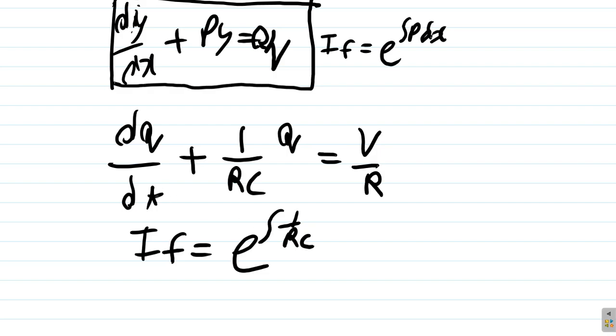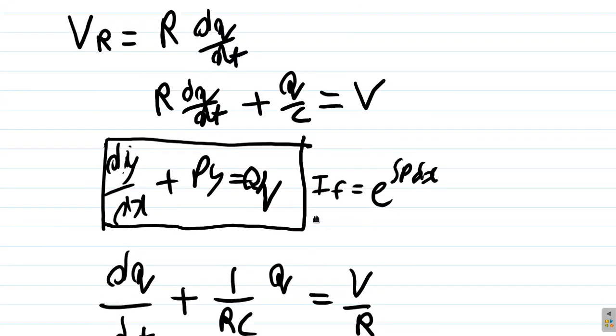Now remember, we're differentiating with respect to time, not x, so this is dt. Now what does this turn out to be? This is e to the, well, now consider R and C are constant, so 1 over RC is a constant, and you're integrating with respect to t, so you get t times a constant. So what you get is t divided by RC. Alright, good. You see that?